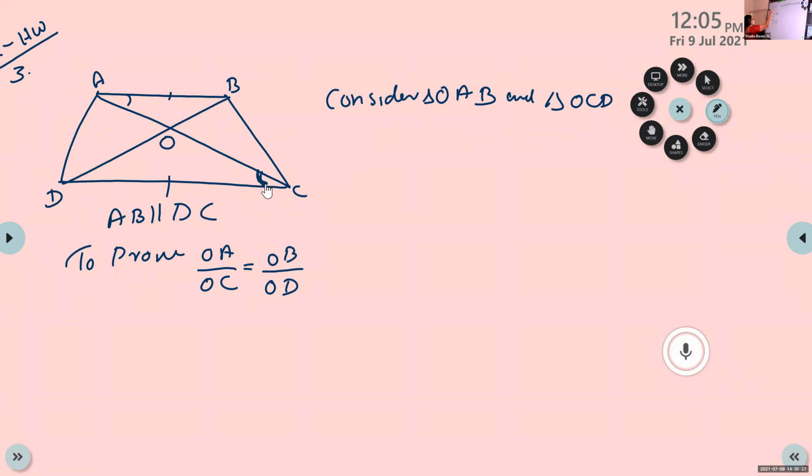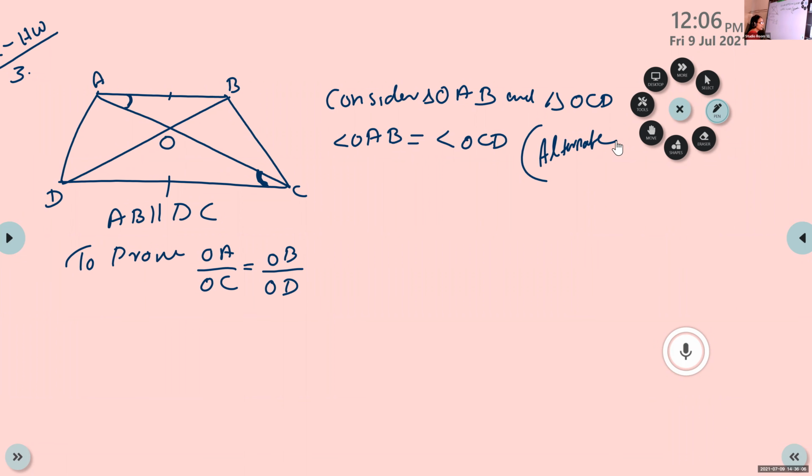Since AB and DC are parallel, they are alternate interior angles and they are equal. So we can write angle OAB equal to angle OCD. Write the reason in brackets: alternate interior angles.